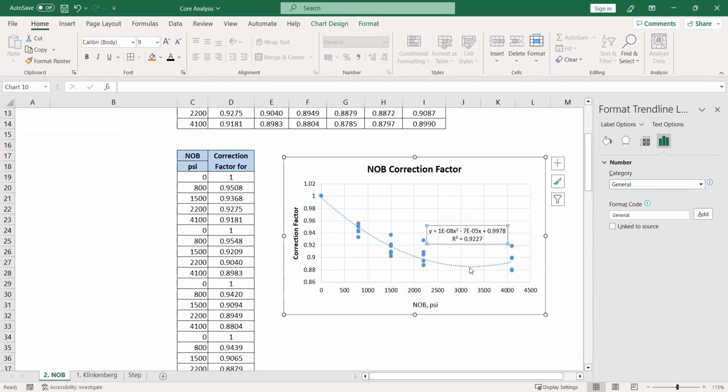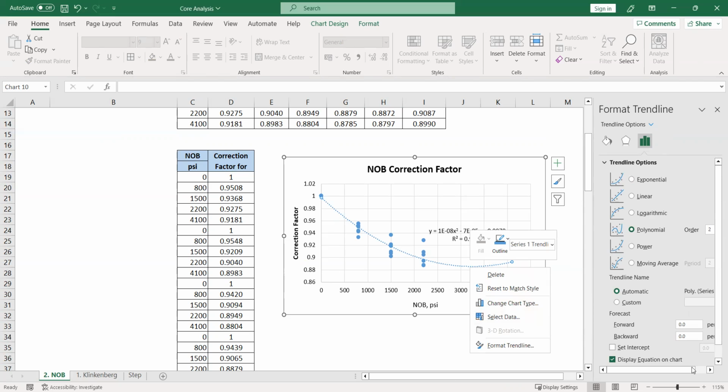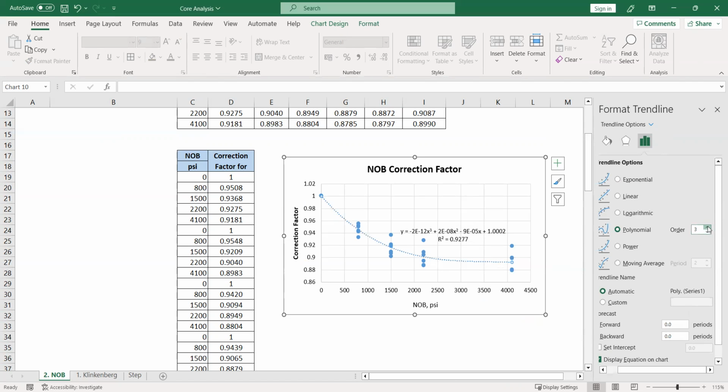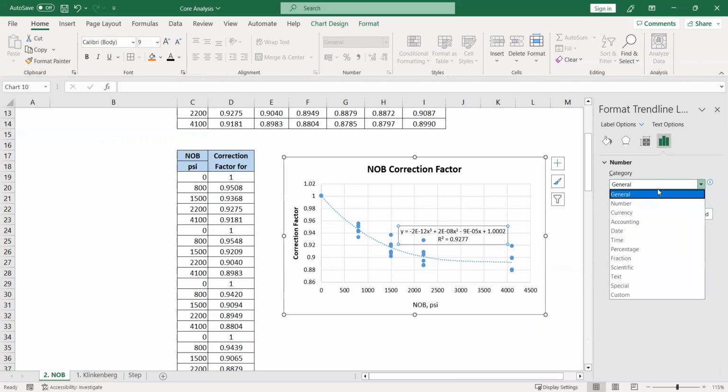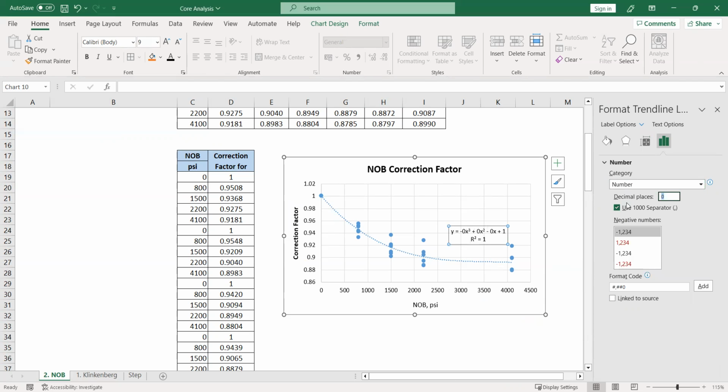Let's try third order. Okay, I think it's quite good. And then for the number, maybe we can use number like this, and then for comma, maybe 6.